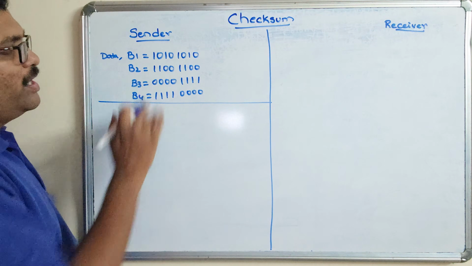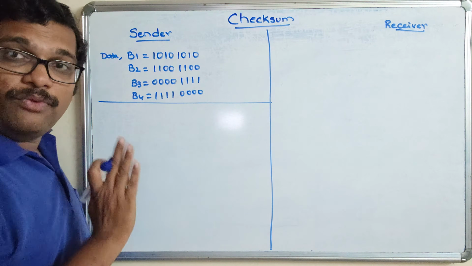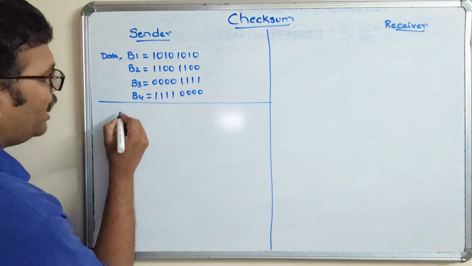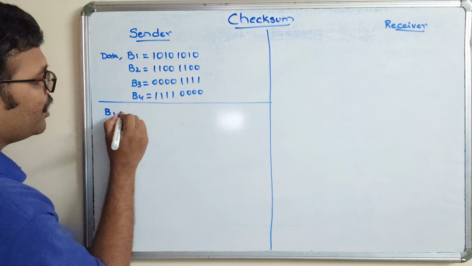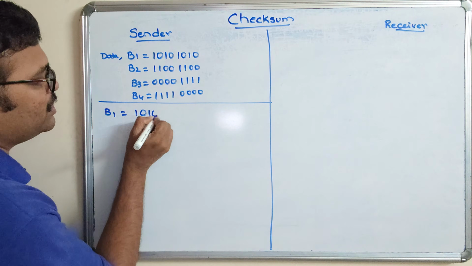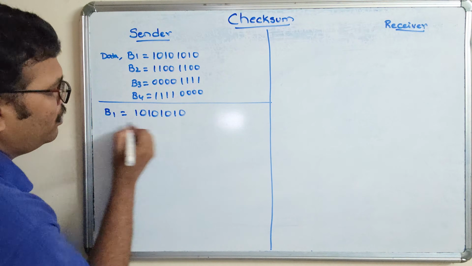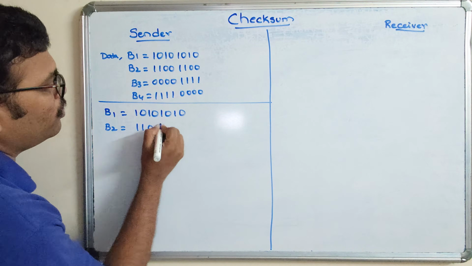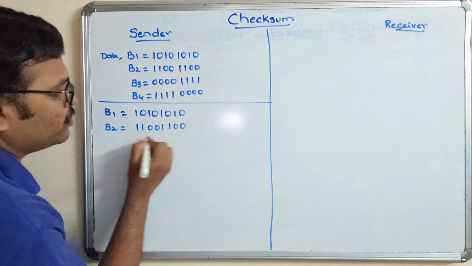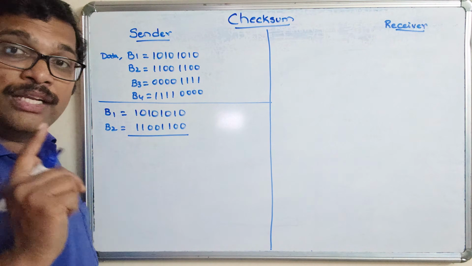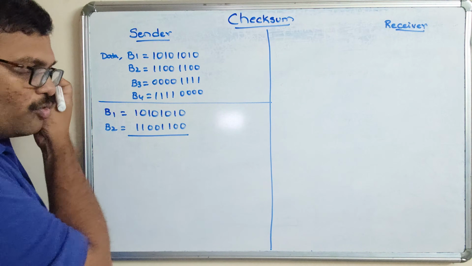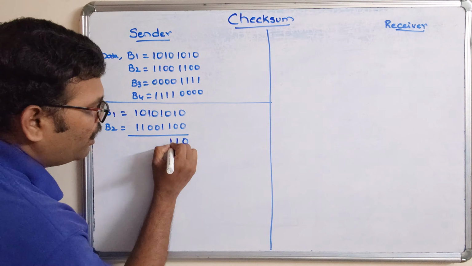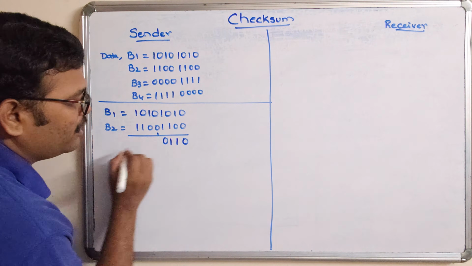Now on the sender side, what we have to do? We have to apply the ones complement addition. So I am taking B1 as 1 0 1 0 1 0 1 0 and B2 as 1 1 0 0 1 1 0 0. I need to use ones complement arithmetic. This is 0, this is 1, this is 1 and this is 0, and here it will be 1.